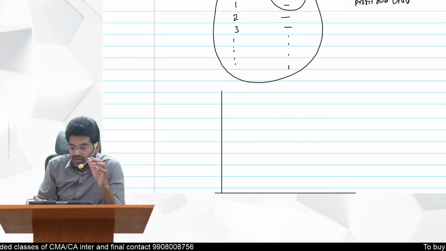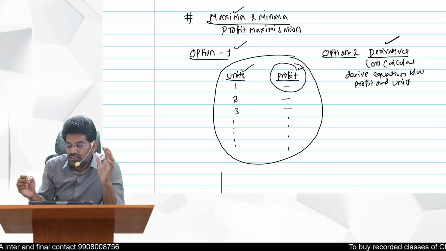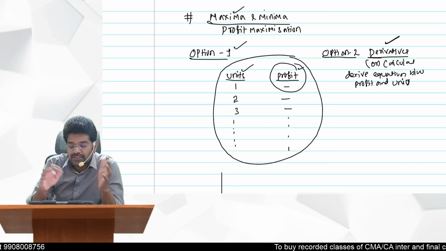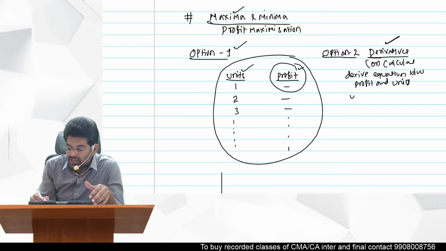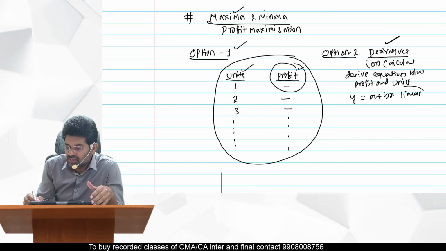So now if I apply this derivatives concept, first I need to draw an equation between these two variables, that is units and profit. So probably this is in the form of a plus bx. This is actually a linear equation.